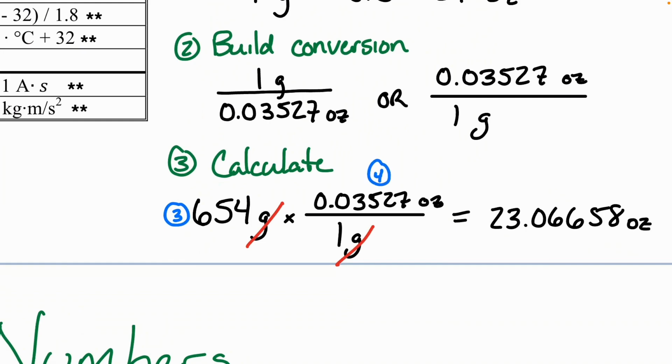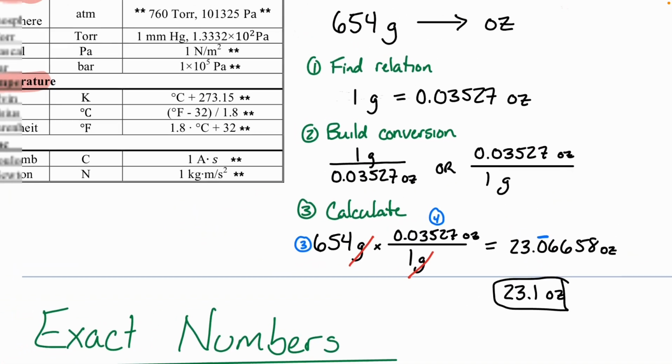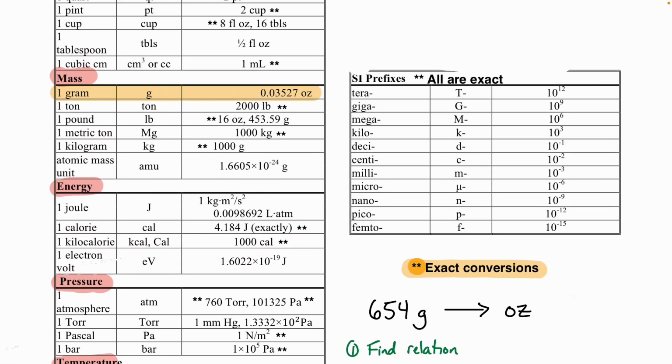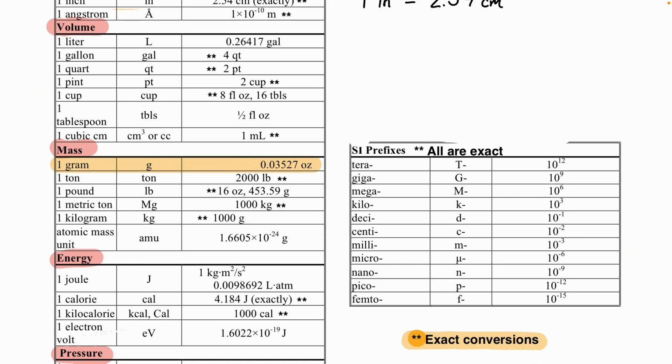So if one number has 3 and the other number has 4, how many sig figs are going to be in my answer? 3. So my final answer here is that 654 grams is equal to 23.1 ounces. Okay? All right, so again, we're using our table here to convert units.